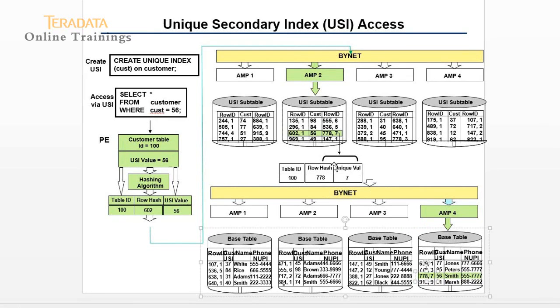This is your row ID. Based on the row hash value, it will go to the main table, I mean the base table, to get the corresponding record. For example, here 56 is Smith and the phone number. This is the record that we are checking for, because it's a unique secondary index. There will be only one row with unique value as 56.